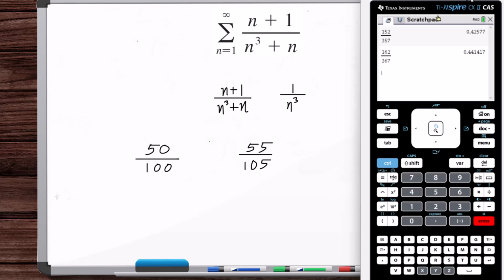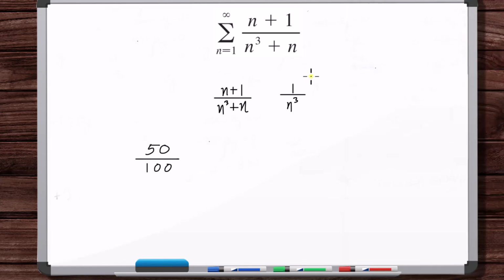It's bigger. Okay, so this is bigger than this. This is convergent, so this test is inconclusive.